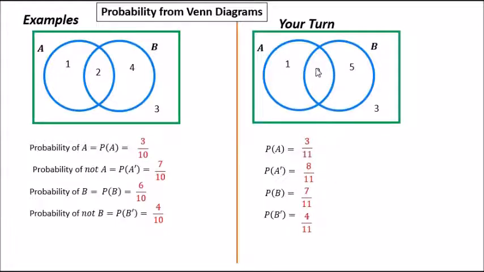You can pick from here, which is in both A and B, or you can pick from here, which is not in A or in B, so they are not mutually exclusive events. Okay? So the probability of A plus the probability of B does not equal 1. 3 elevenths plus 7 elevenths is not 1. It is 10 elevenths. Alright.